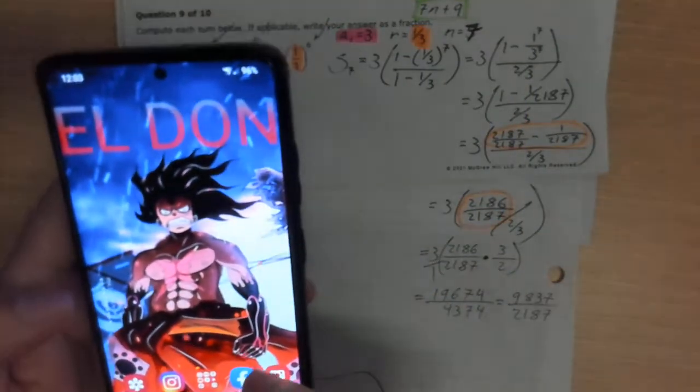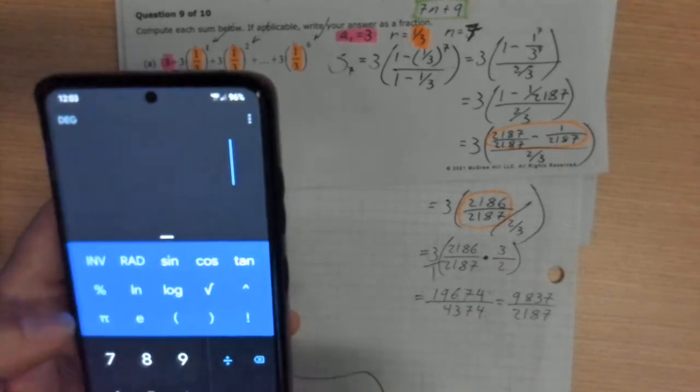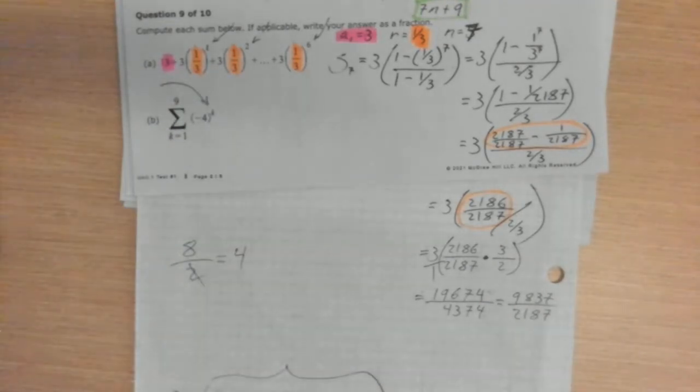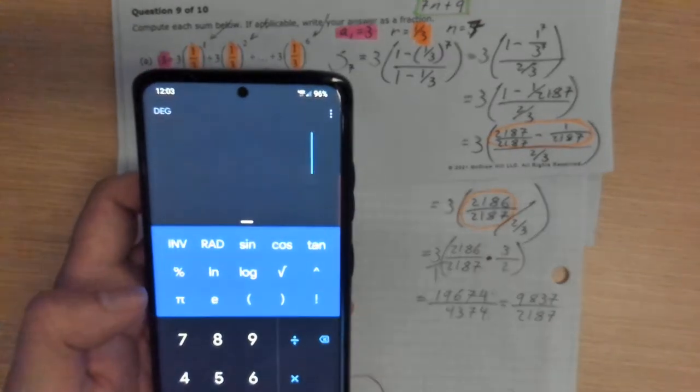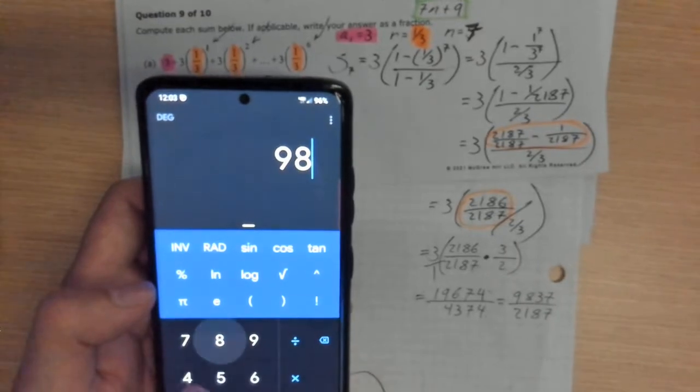That means that I can divide these again by 3s. So the top I'm going to divide by 3. 9,837 divided by, wait, actually I can divide by 9. Am I a little closer now? Yes. 1,083 on top, and the bottom one I can also divide by 9.